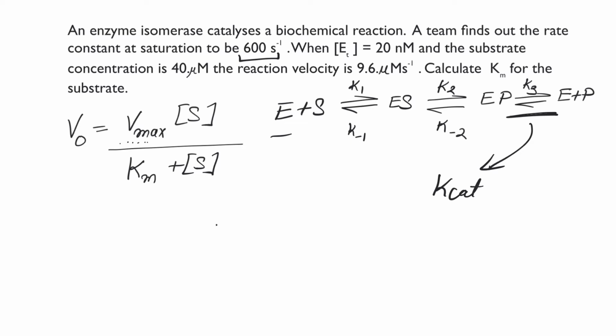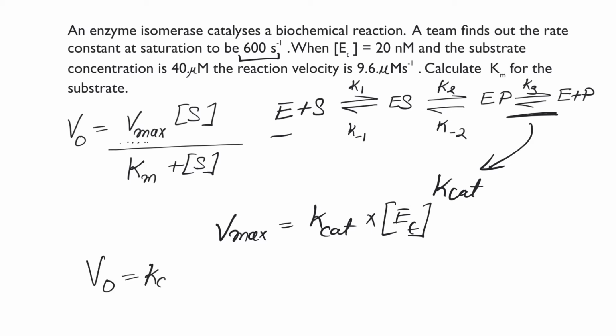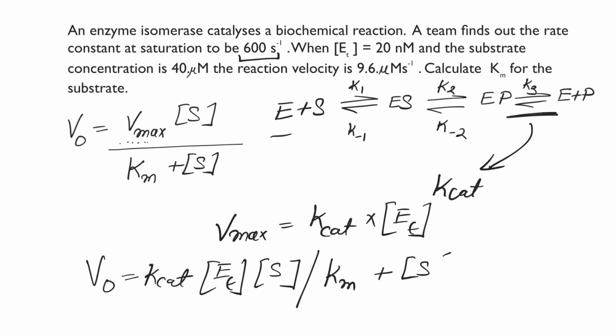So Vmax can be written as K3, or in other words simply Kcat times ET, with all enzyme molecules being involved. So you can substitute this Vmax in our equation by writing V naught equals Kcat ET times the substrate concentration upon Km, something that we need to find, plus the substrate concentration.